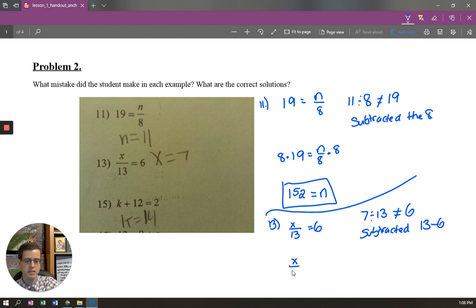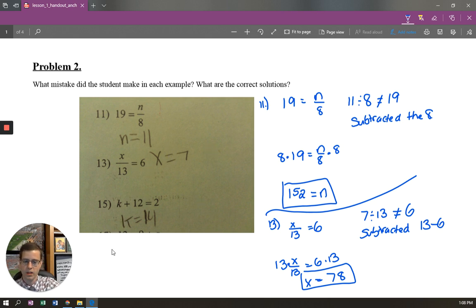So if we have x divided by 13 equals 6, we're supposed to multiply by 13 on both sides here. The opposite of division is multiplication. And so x is actually going to equal 6 times 3 is 18. 6 times 1 is 6, plus the 1 is 7. So 78 is what's equal to x, as 78 divided by 13 is 6.